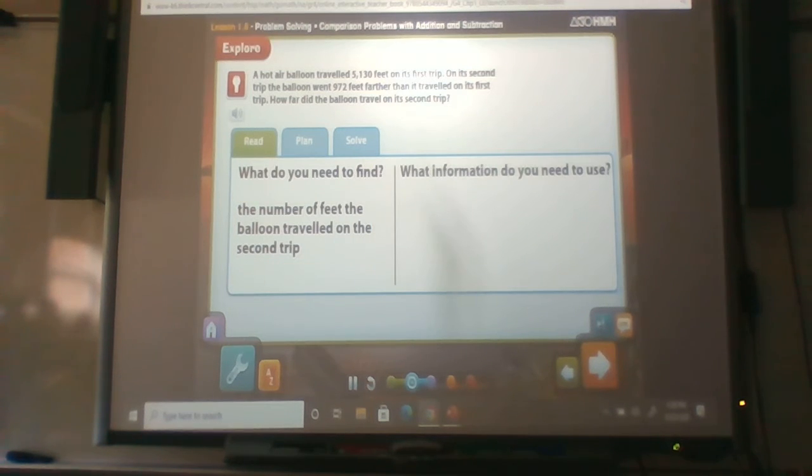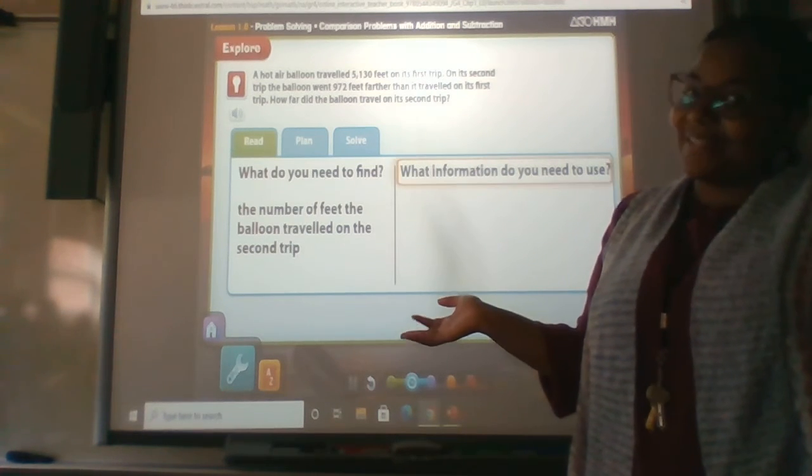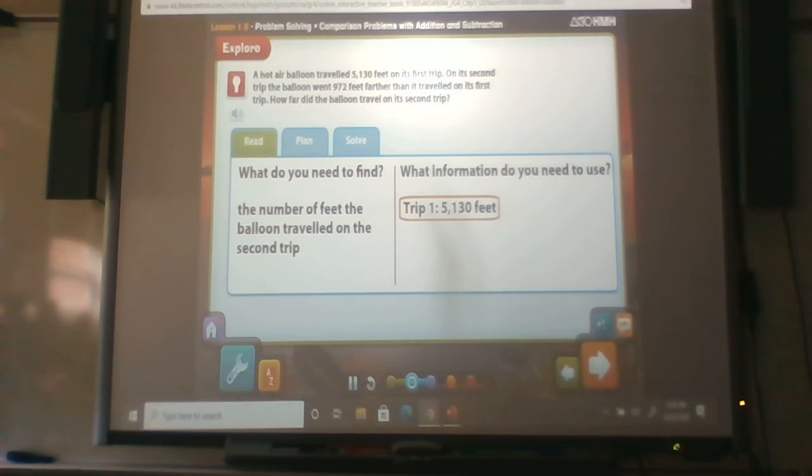To solve this problem, what information do you need to use? We just did that too because we're so smart. You need information about the distance that the balloon traveled on each trip. On trip 1, it traveled 5,130 feet. On trip 2, it traveled 972 feet farther than it traveled on trip 1.